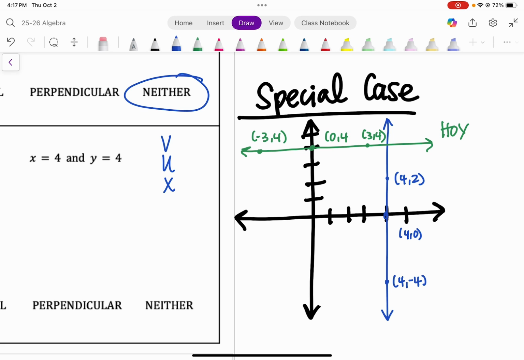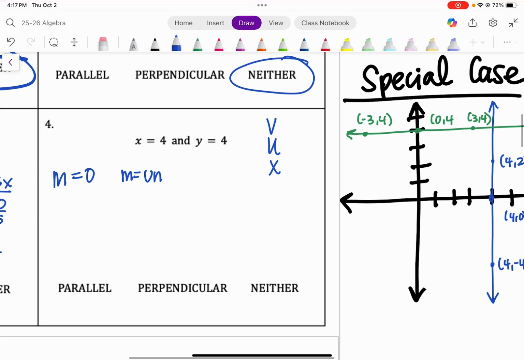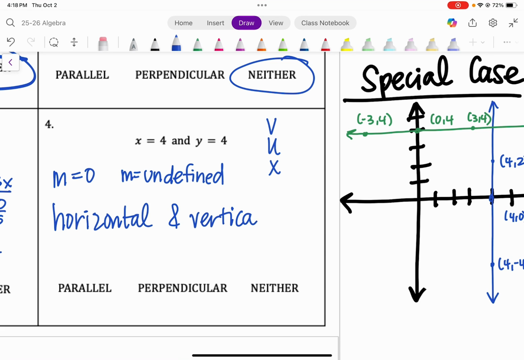Because we have a slope of 0 and an undefined slope, you can't multiply 0 times undefined. So you just have to know that one is horizontal and one is vertical. So by definition and on a graph together, those will be perpendicular lines.